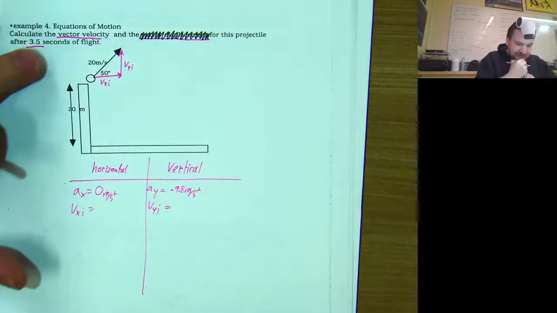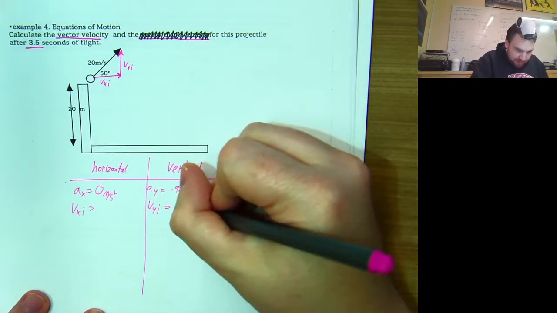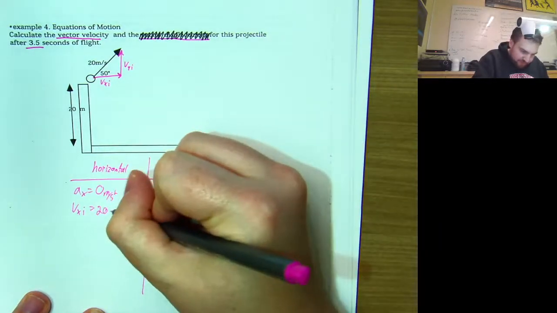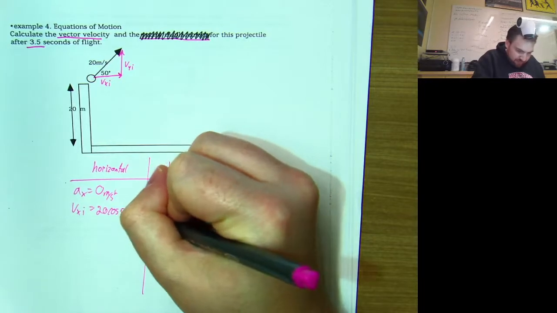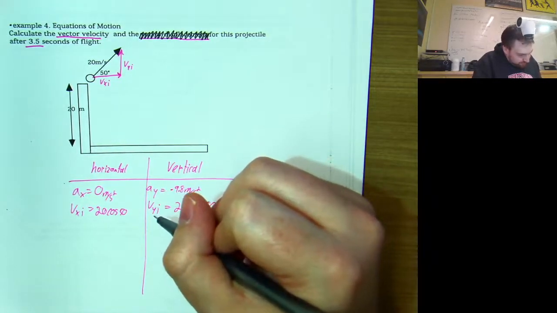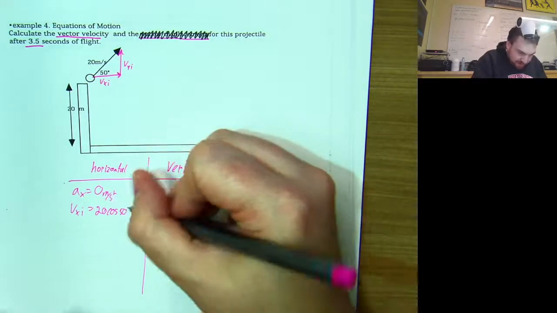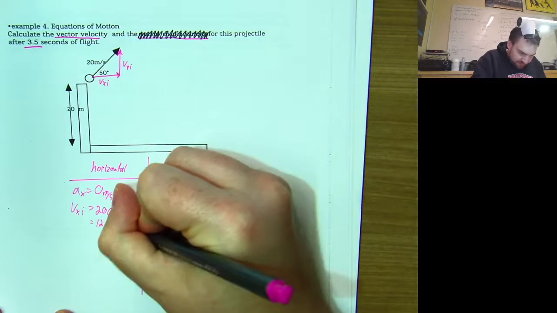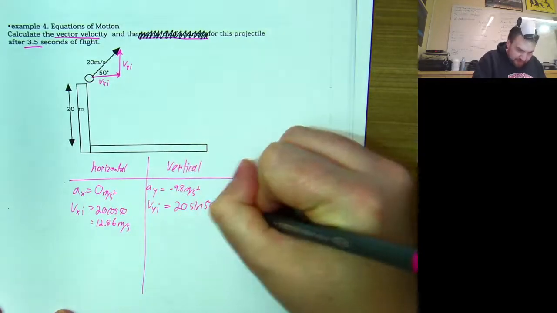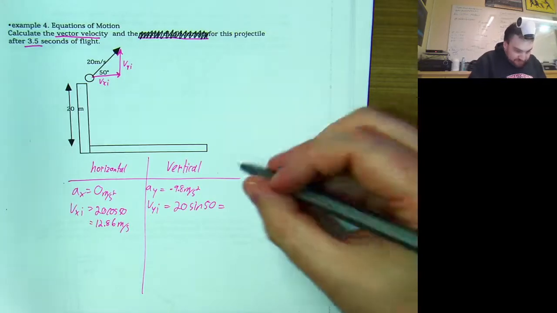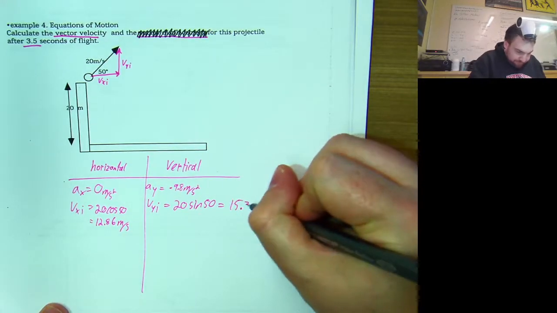My Vx initial is going to be 20 cos 50, which is 12.86 meters per second, and my Vy initial is going to be 20 sine 50, which is 15.32 meters per second.